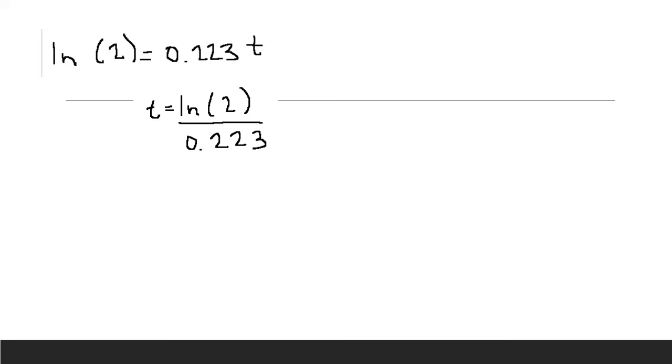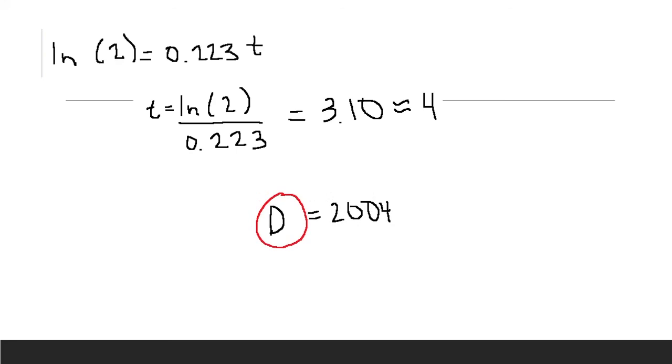So if we divide these two numbers, ln 2 is about 0.6931 divided by 0.223. So it's going to take 3.10 years in order for the population to double. Let's round that to the nearest whole number. So approximately 4 years, or we could say by the year 2004, the population will be above 2000.